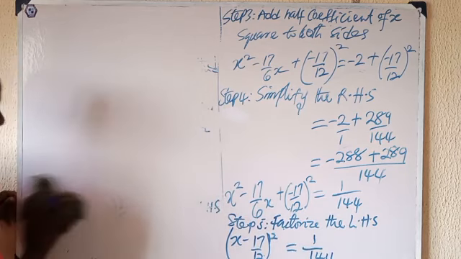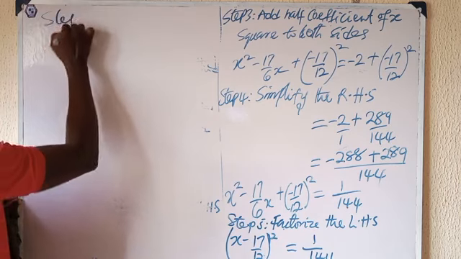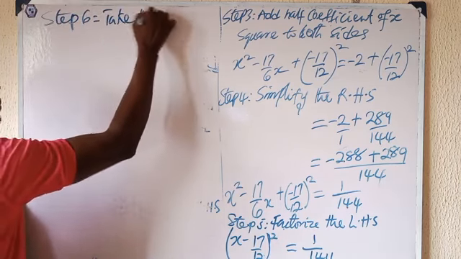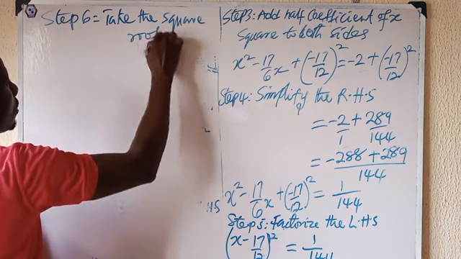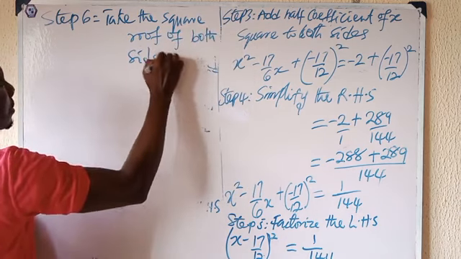Where we have step 6 says take the square root of both sides.